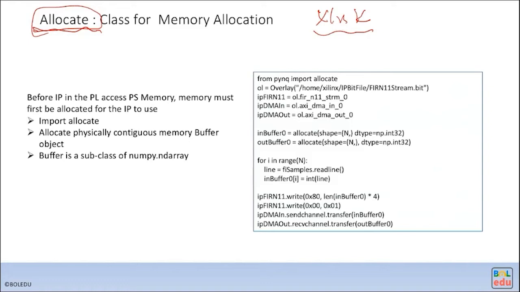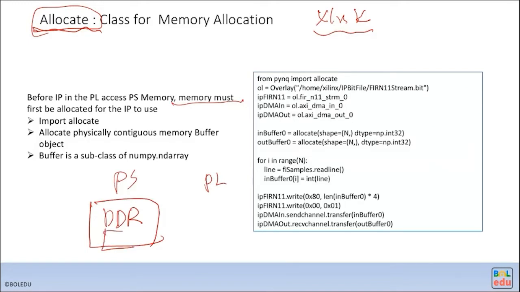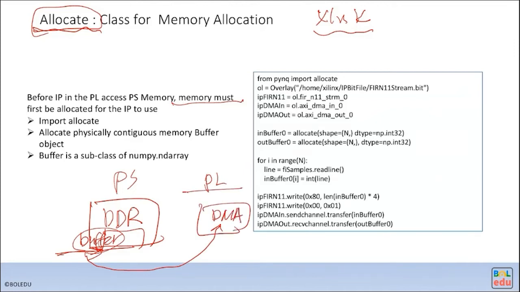When the PYNQ FPGA kernel function wants to transfer data back and forth with the PS DDR memory, the first thing you need to do is allocate. On the PS side, you have to allocate the buffer in the DDR memory, and the pointer or buffer address has to be programmed to the DMA engine, to tell the DMA where to start accessing this data.